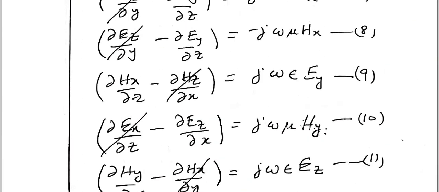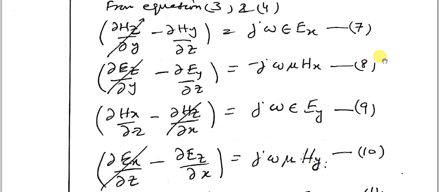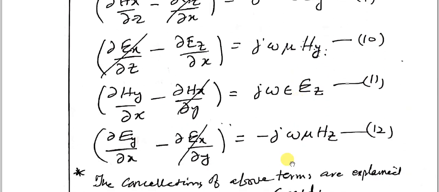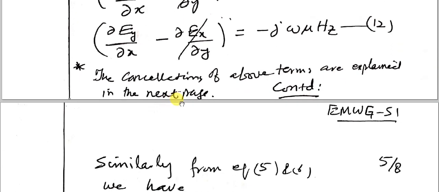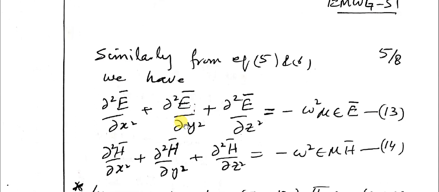We have got these equations, equation 7, 8, 9, 10 and 11. The cancellation of both terms is explained on the next page. We again further give this on this page. Similarly, from equations 5 and 6 we can express del square of E equal to this.